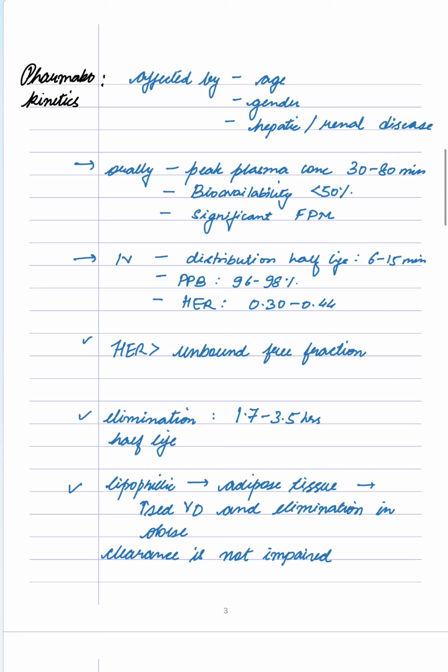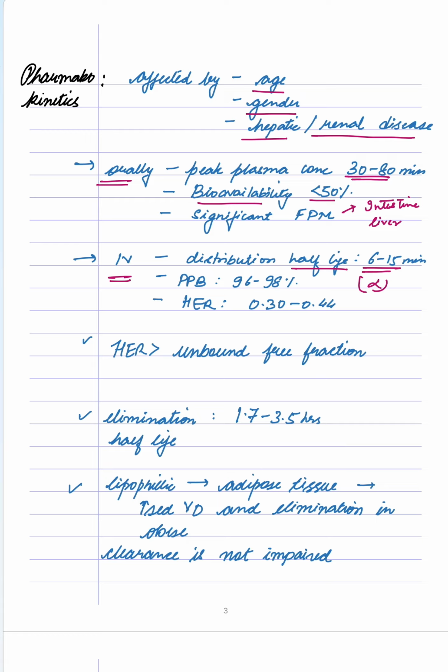The pharmacokinetics of midazolam are affected by the age, gender, and the hepatic and renal disease status of the patient. When taken orally, the peak plasma concentration occurs in 30 to 80 minutes. Bioavailability is less than 50% as it undergoes significant first pass metabolism in the intestines as well as the liver. When given IV, it has a distribution half-life, that is the alpha half-life, of 6 to 15 minutes.